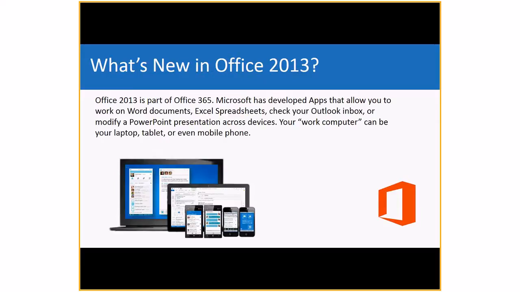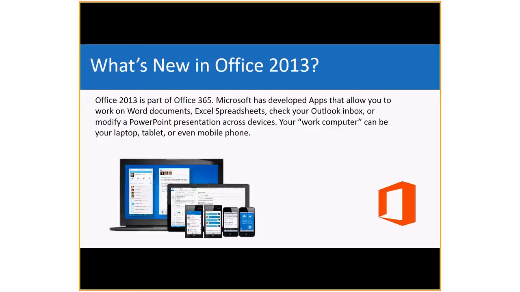So what's new in Office 2013 is it's part of Office 365. Office 365 is what we moved to 2 years ago, and Microsoft developed apps to allow you to work on Word documents, Excel spreadsheets, check Outlook from any device, so you can work across devices. Your laptop, your tablet, iPad, mobile phone.